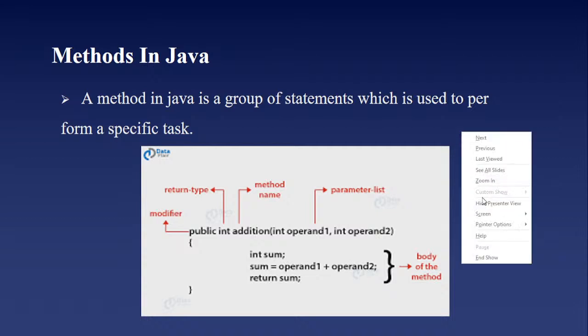I am creating a method with an access modifier and return type, and whatever is the name of the method, for example purchase amount or bill amount, whatever you can call.